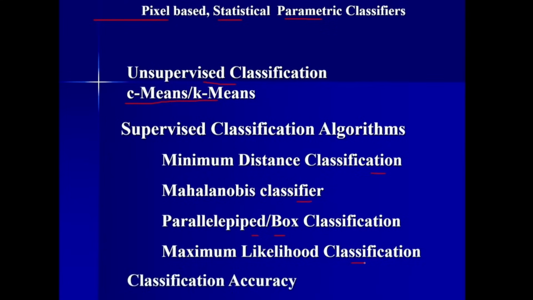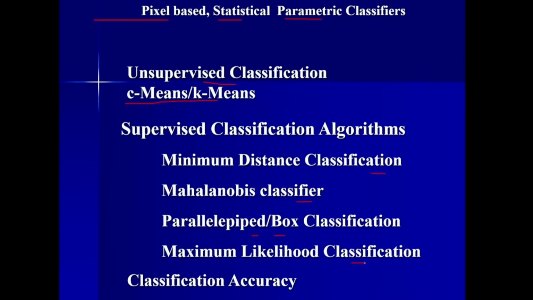In the last part, not today, tomorrow I have one more lecture, I'll be talking about classification accuracy. Whatever output we generate, we have to assess the accuracy. The question comes, what is the application of digital image classification? The initial application was to generate thematic maps from remote sensing images.